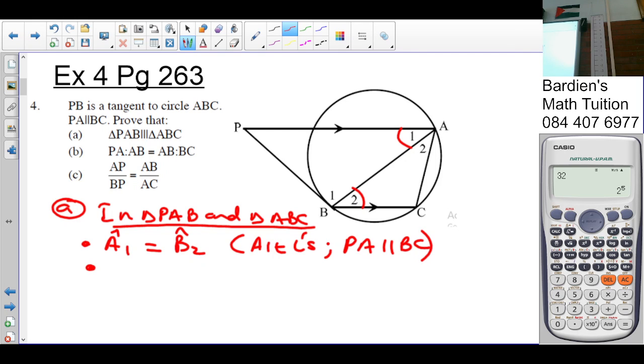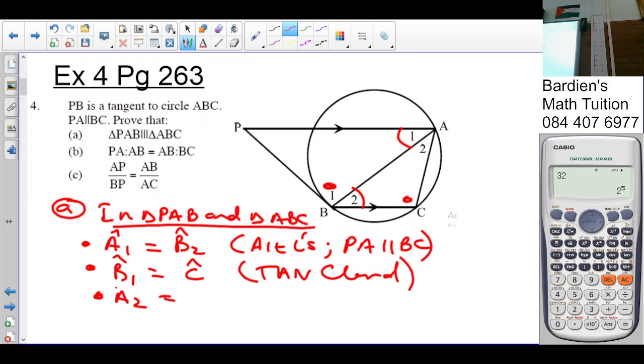Then B1 is equal to angle C, tan chord theorem. A2 is equal to angle P. Why? The third angle of a triangle. Enough to conclude similarity.